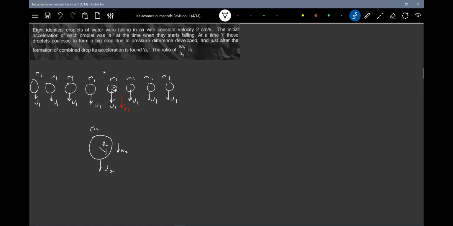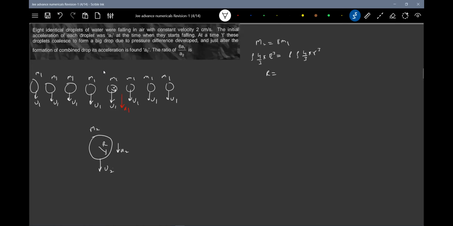First, they will combine to form a bigger drop, no? So the mass should be conserved. M2 equals 8 M1. Then mass equals density into volume: rho times 4 by 3 pi R cube should be equal to 8 times rho times 4 by 3 pi small r cube.